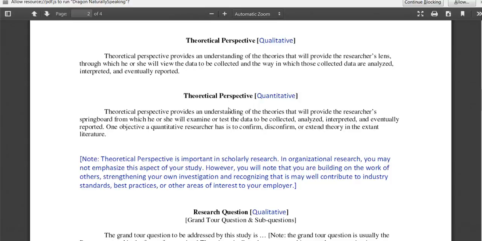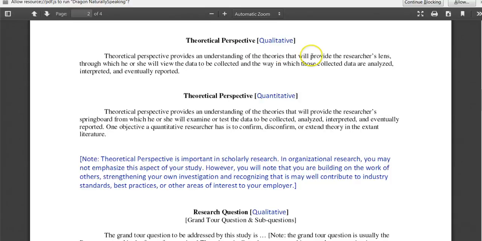So when we're talking about theoretical perspective, we're talking about what theory provides us with a lens as the researcher. For example, we might be talking about transformational theory. We're looking at our study through a transformational theory, or maybe through Kolb's experiential theory.